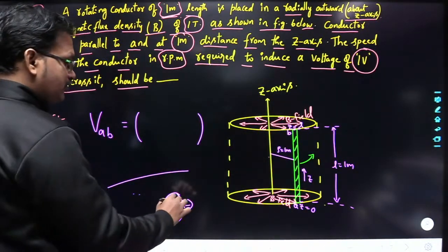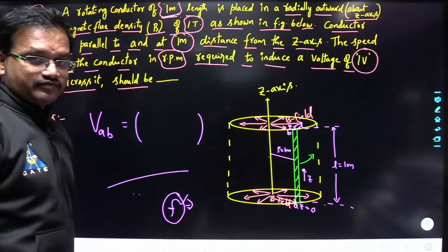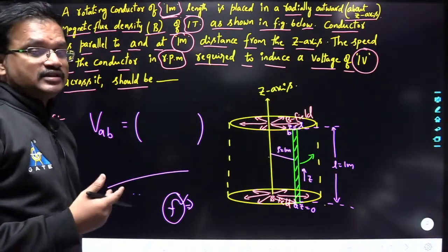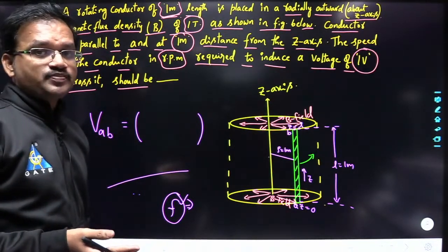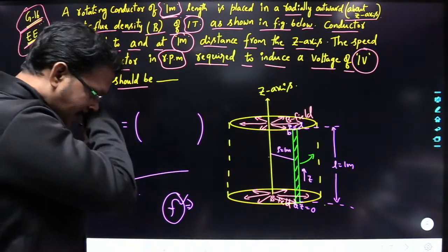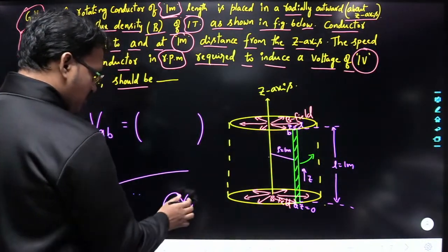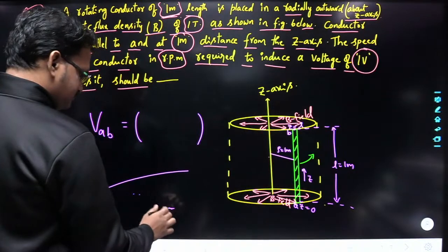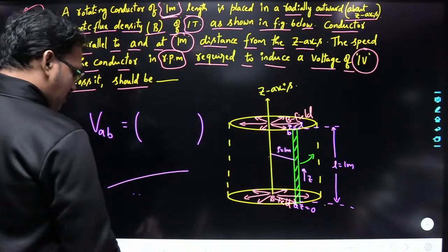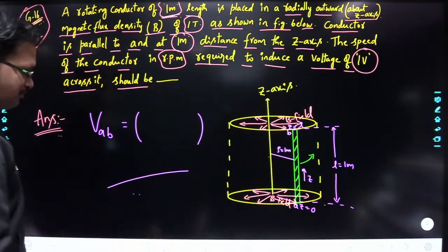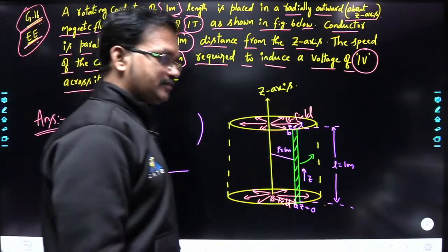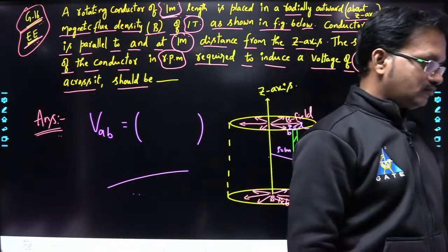So if you determine f, the number of revolutions per second, then you can determine the number of revolutions per minute. I think you have done it correctly, but you have made some mistake. Please check that.